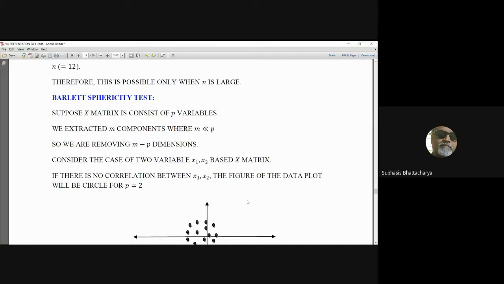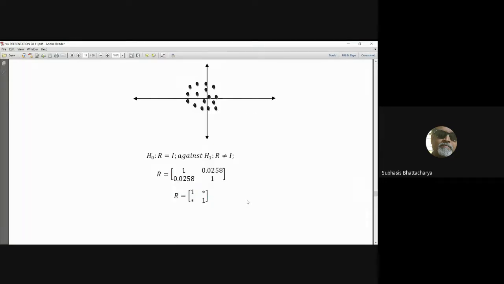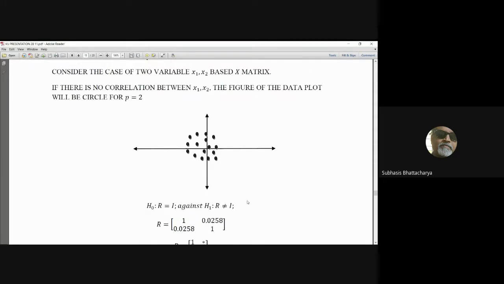In the case of two variables, or p equal to 2, we can remove any one dimension. For example, when you remove the axis by angle theta, we are removing x2 and considering only x1. Suppose the original data set is this.